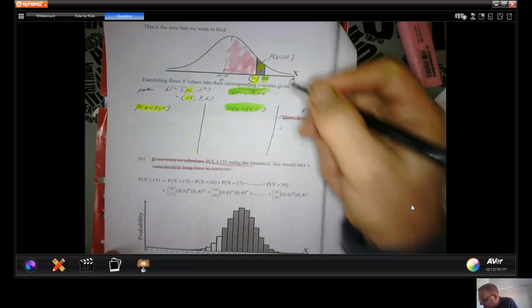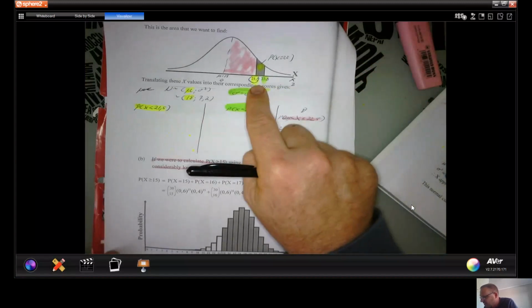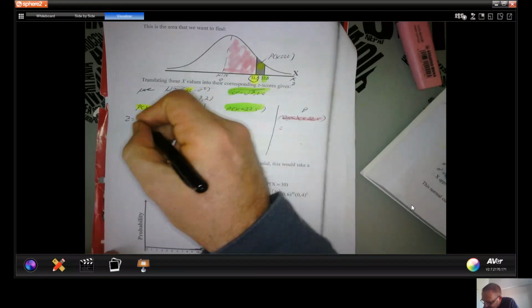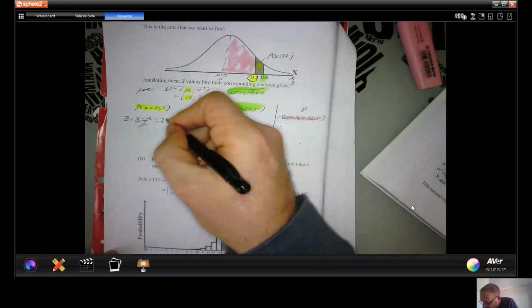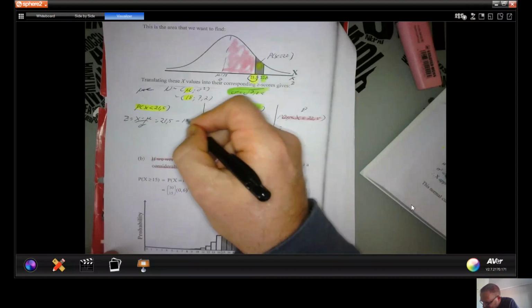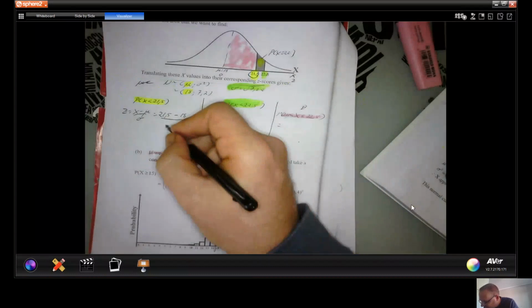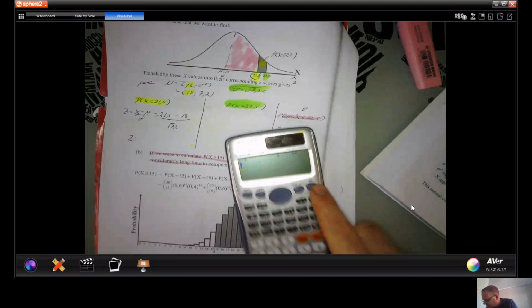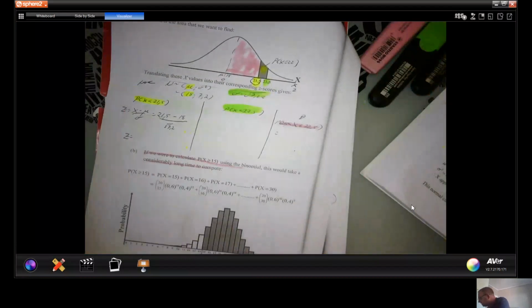Here we've got an x score of 21,5. So I'm going to need the z score that goes with that. So I'm going to go z is equal to x minus mu over sigma. x in this case is 21,5. Mu is 18. Sigma is equal to the square root of 7,2. And you're going to get z is equal to... it's just going to take forever if I don't cheat a little bit.